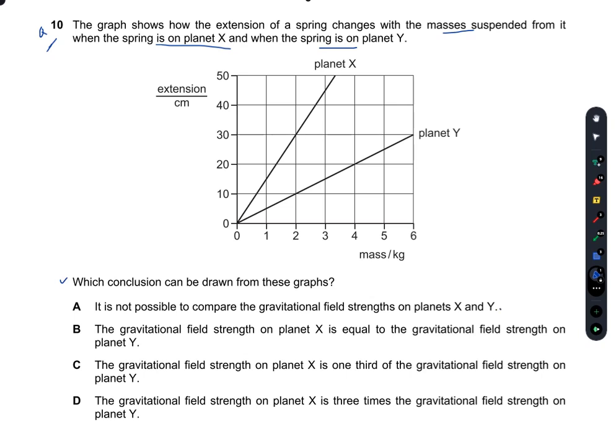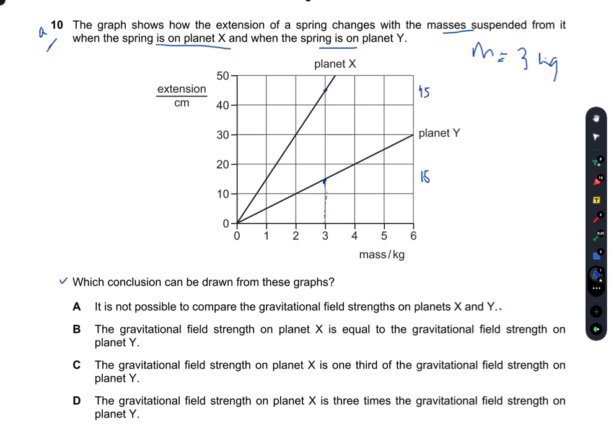So suppose I take the mass on the spring as 3 kg. On planet Y, the extension is almost 15, whereas on planet X the extension is something like 45 or 46.